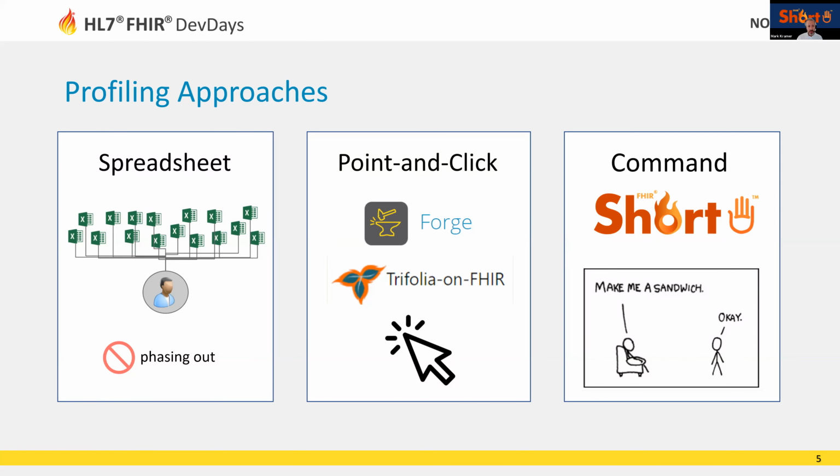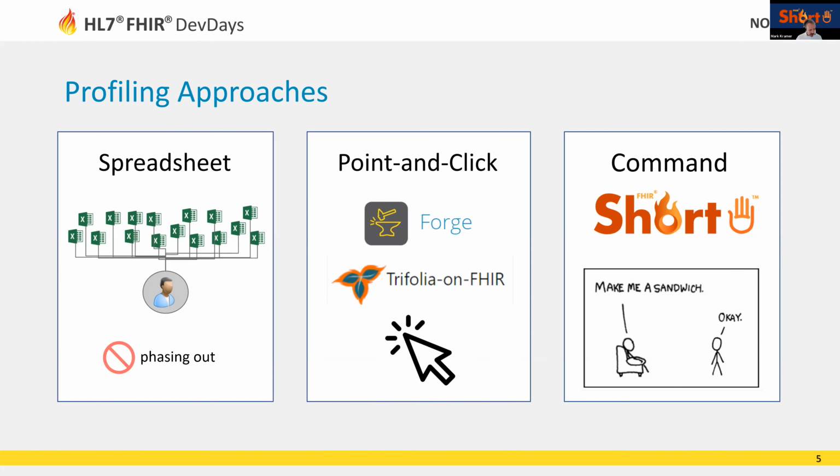It's a little bit difficult to do that if you've ever tried to maintain a set of spreadsheets. And in fact, this methodology is phasing out. It'll no longer be supported in the future. I'm not sure when support will officially end, but that's the rumor at least.